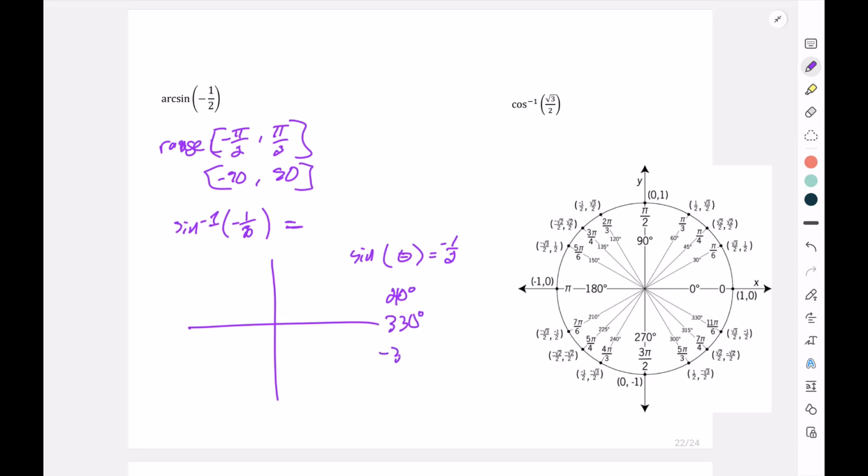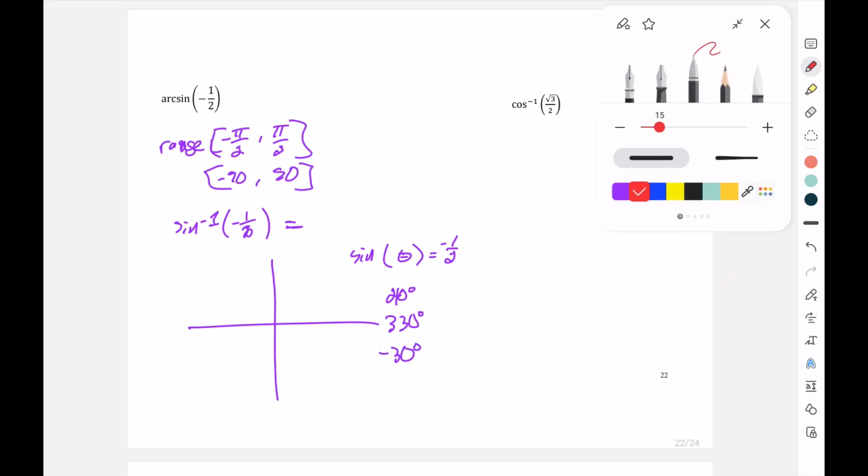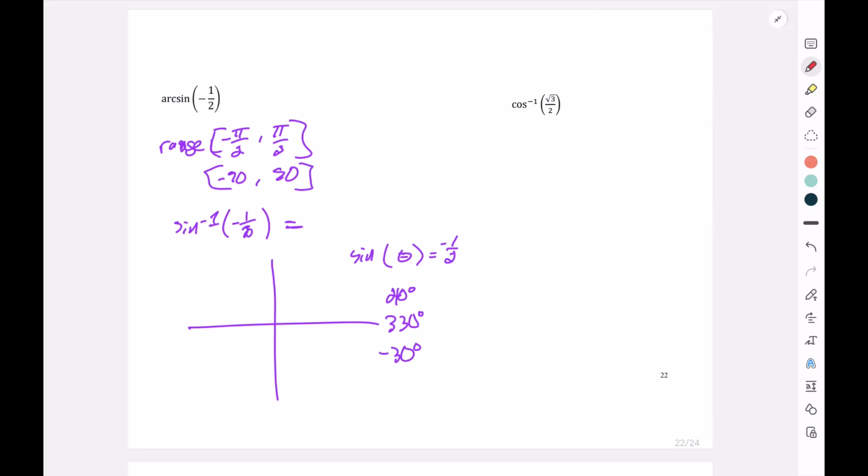So we know that for arc sine, we have to be in quadrants 1 and 4. So we want anything on the right side of our coordinate plane.